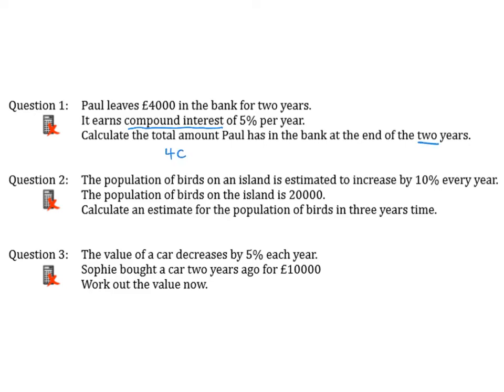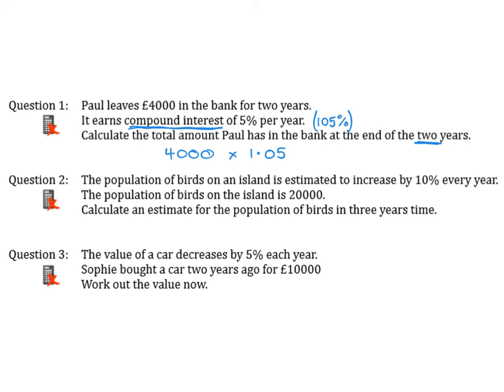So he starts with his 4,000. It increases by 5% because that's what compound interest is, the increase. So that multiplier would be 1.05 because that increase means he wants 105%. Now they want to know how much he has at the end of 2 years.